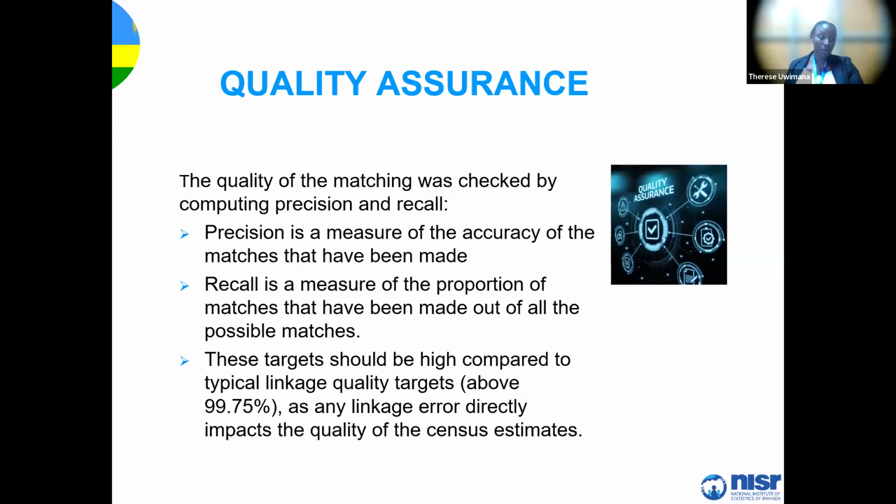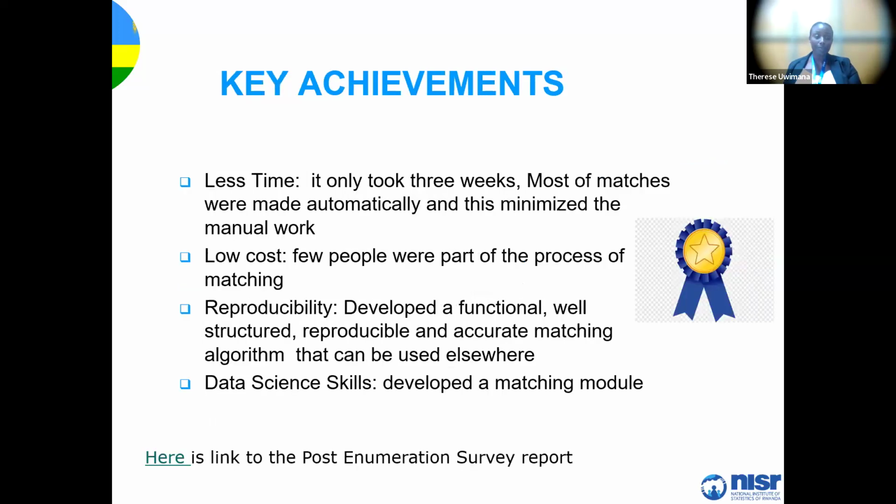There are some technical terms like precision and recall. I will not go into too much detail for now, but we computed the precision and recall to be confident that our matches are actually real and quality ones. Next.